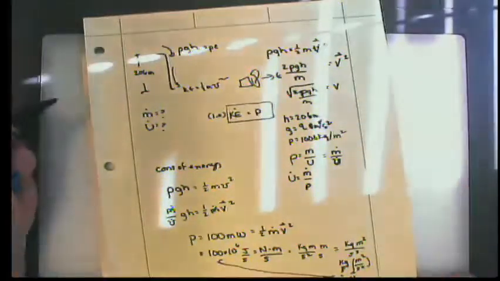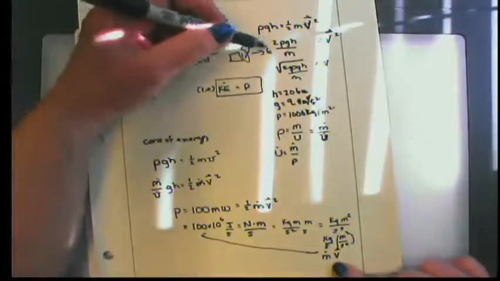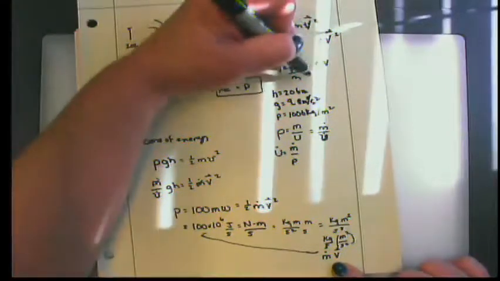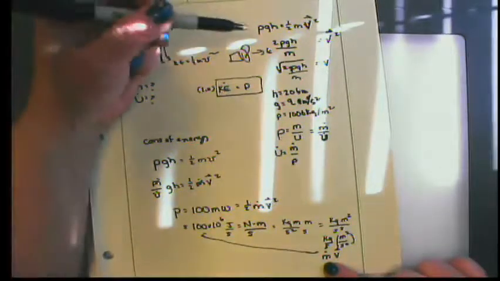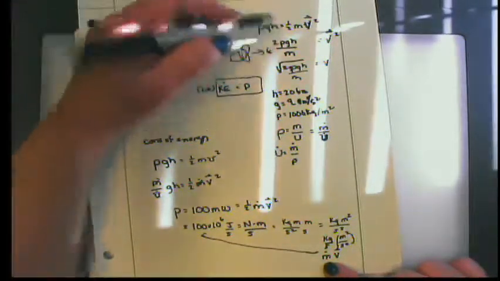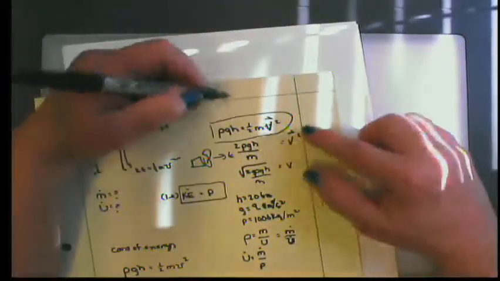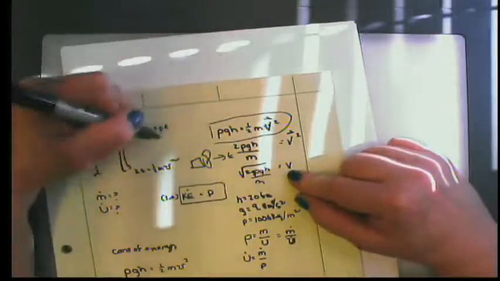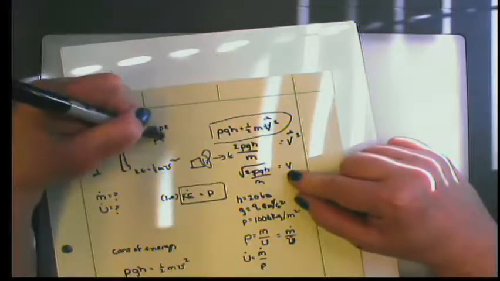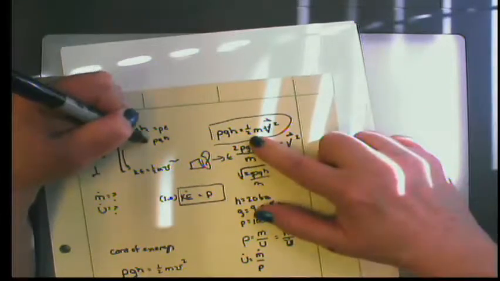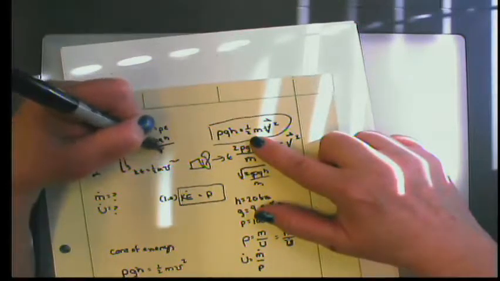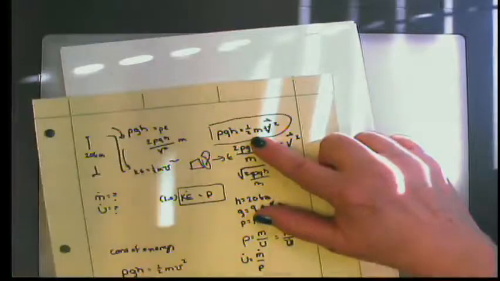That's what we're actually looking for. You know what, I'd rather solve this for mass, wouldn't I? That would be more logical. So if I say that, rho g h times 2 over v squared is equal to mass.